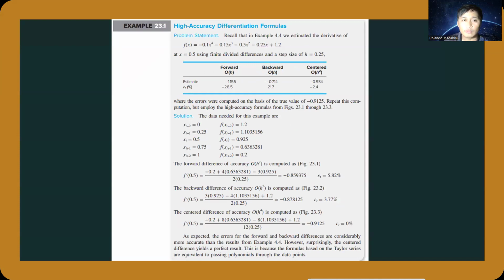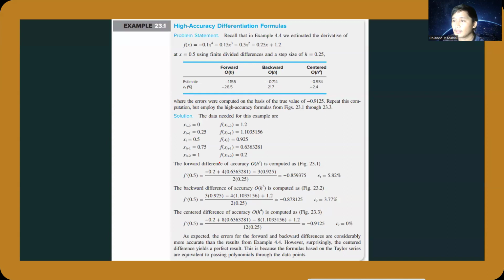Now, example 23.1 states, recall that in example 4.4, we have a function of negative 0.1 x to the fourth minus 0.15 x cubed minus 0.5 x squared minus 0.25 x plus 1.2.